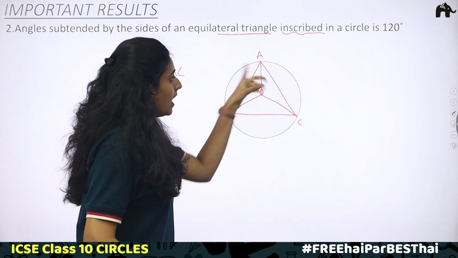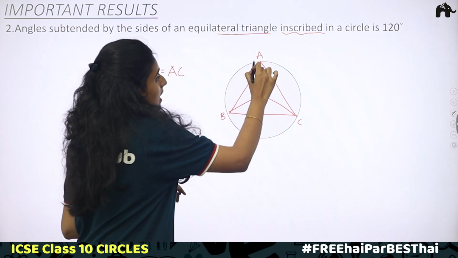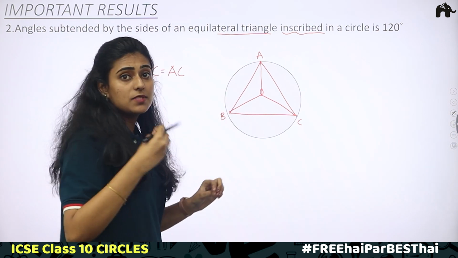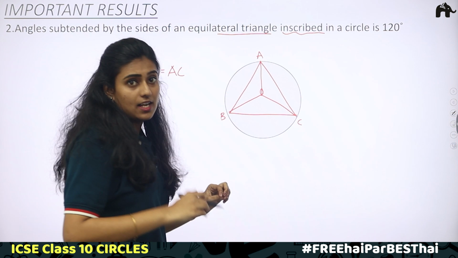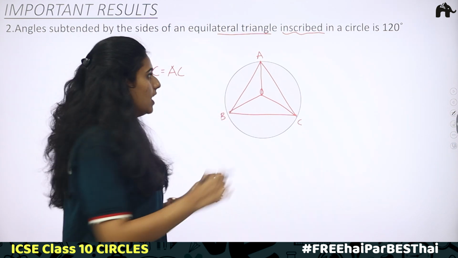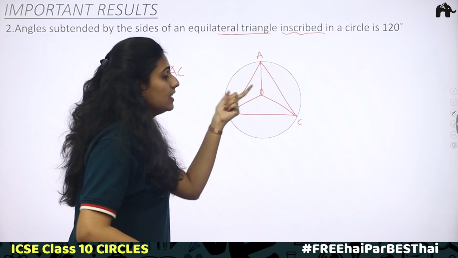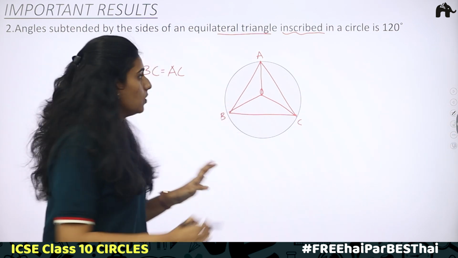We have studied the result that angles subtended by equal chords at the center are equal. We have AB equal to BC equal to AC. Therefore, the angles they subtend at the center will also be equal.